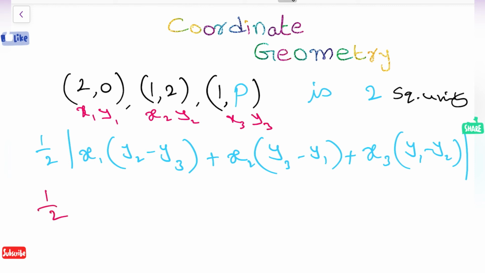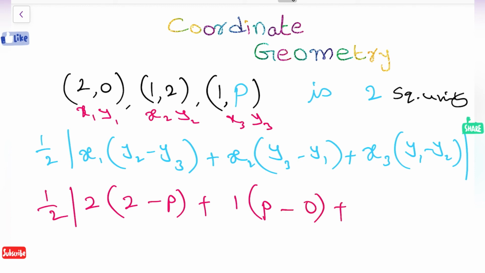Let us substitute. Half modulus, x1 is 2 into y2 is 2 minus y3, sorry, p. y3 is p, plus x2 is 1 into y3 p minus y1 0, plus x3 1 into y1 0 minus y2 2.